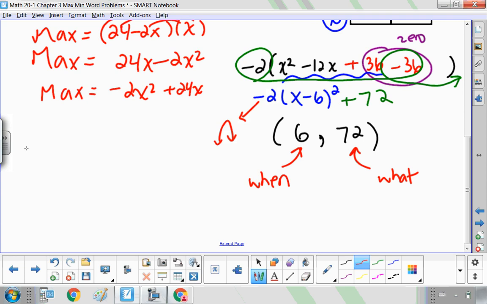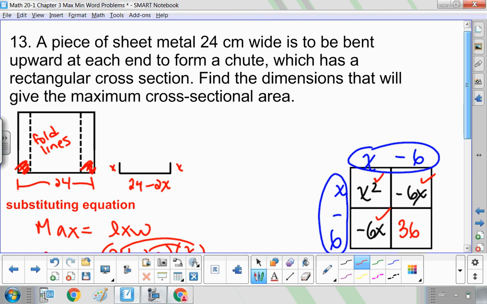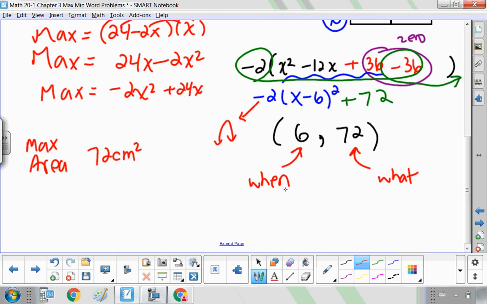The maximum area is 72 centimeters squared. Let's just double check that my units are centimeters. Yes, they are. And when it happens, well, that's the x, the amount that I'm going to be folding off. It happens when x is equal to 6 centimeters.